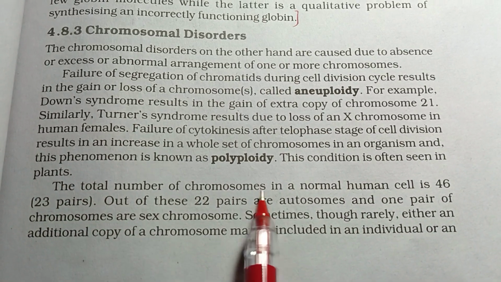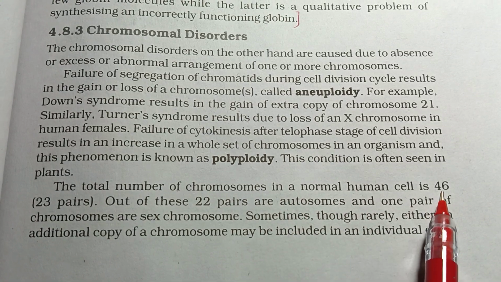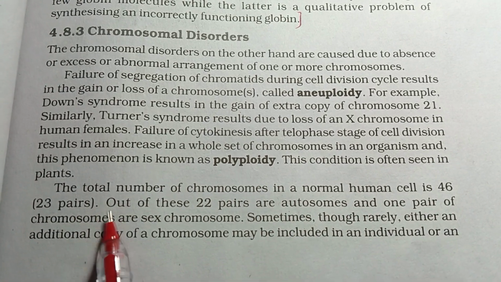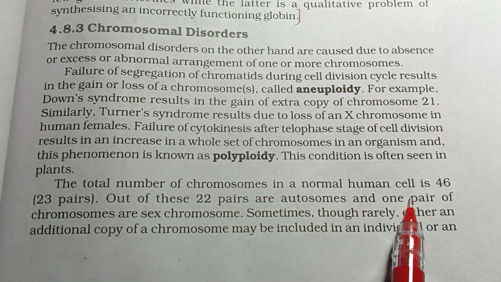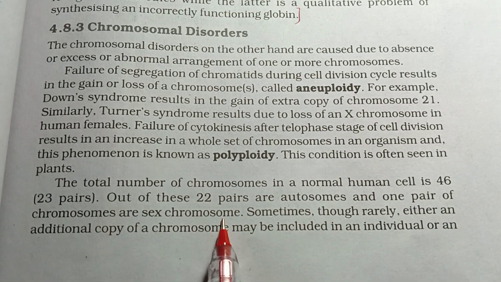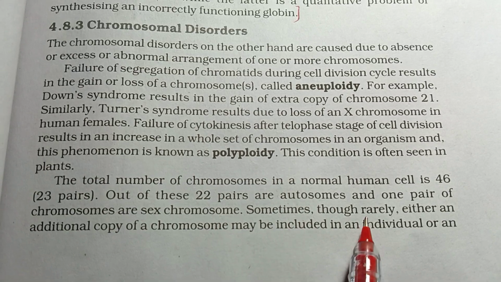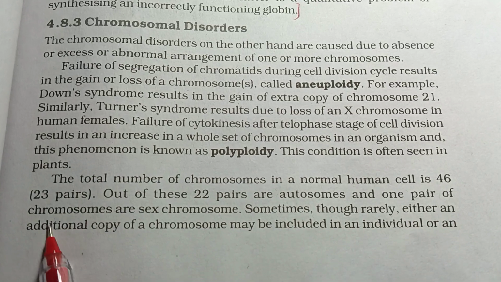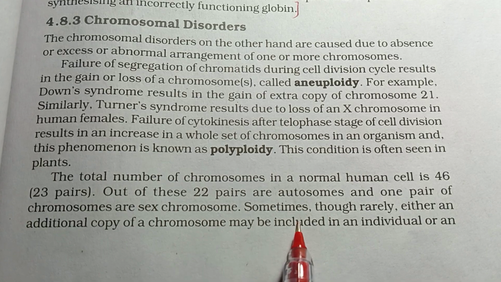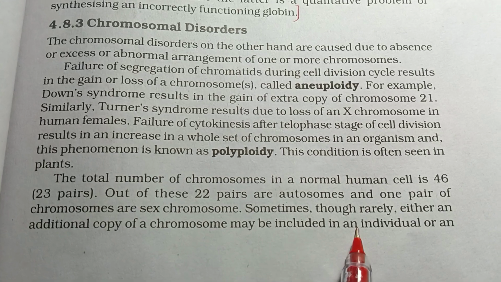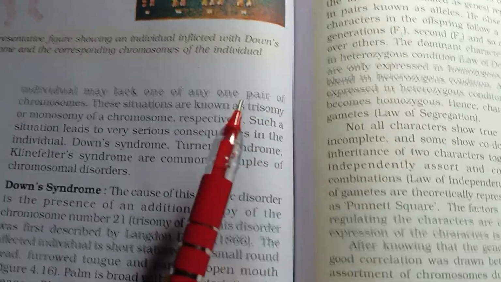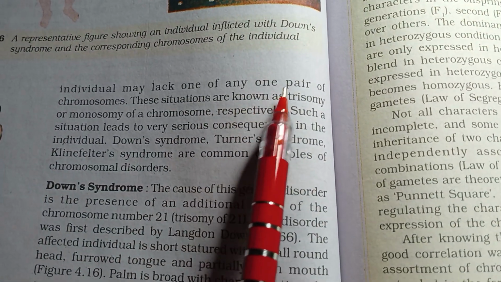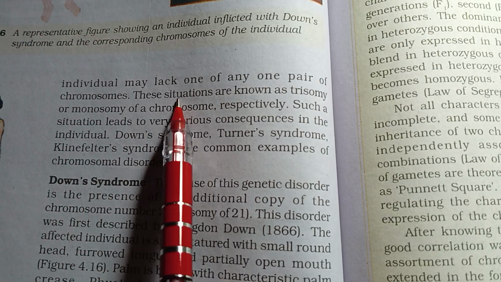The total number of chromosomes in a normal human cell is 46, means 23 pairs. So out of these, 22 pairs are autosomes and 1 pair of chromosome are sex chromosome. Sometimes, though rarely, either an additional copy of a chromosome may be included in an individual or an individual may lack one of any one pair of chromosomes.